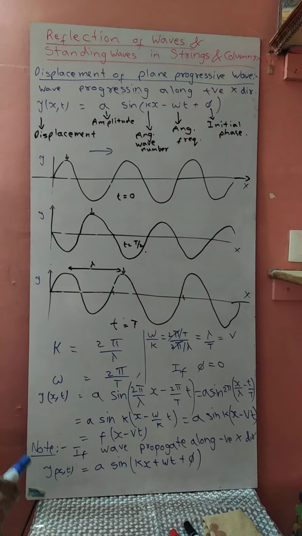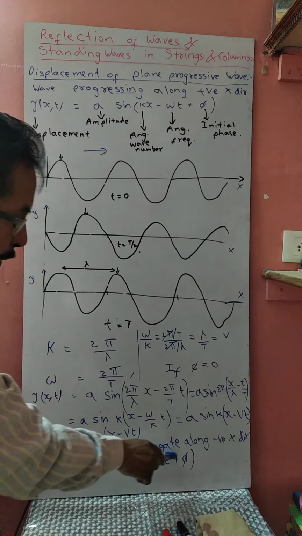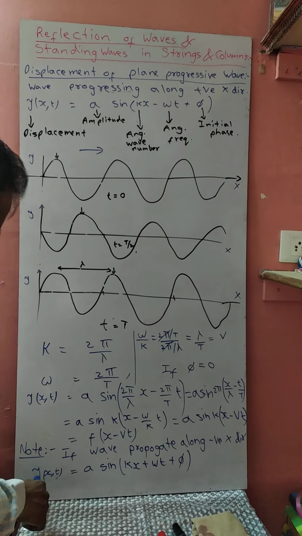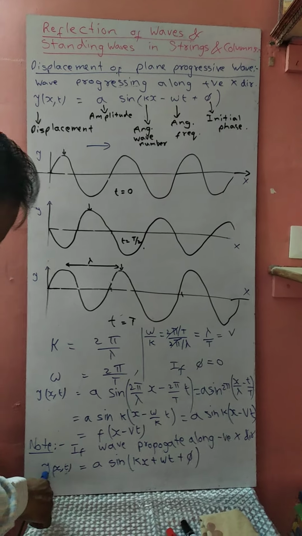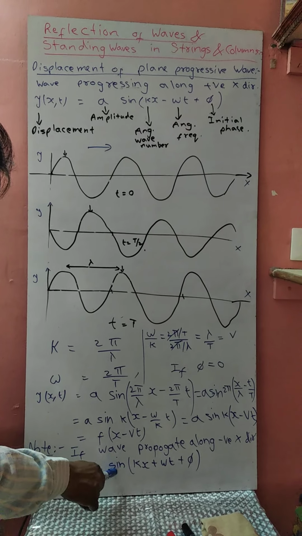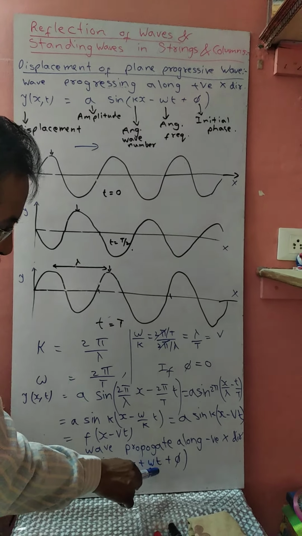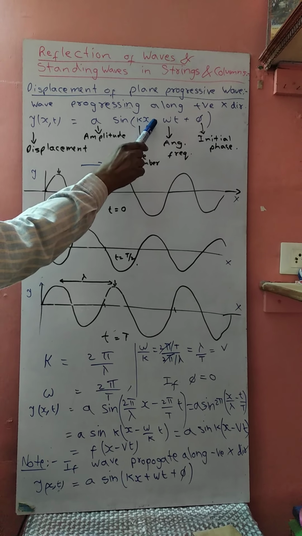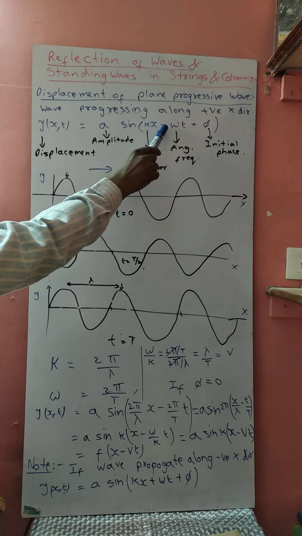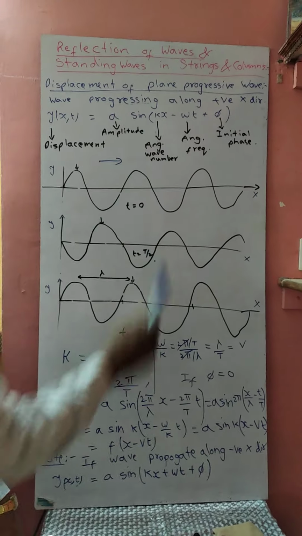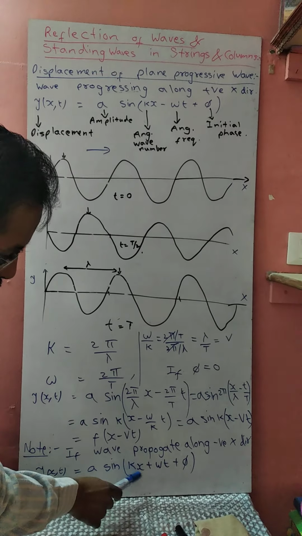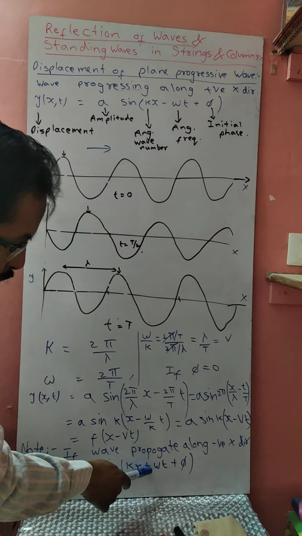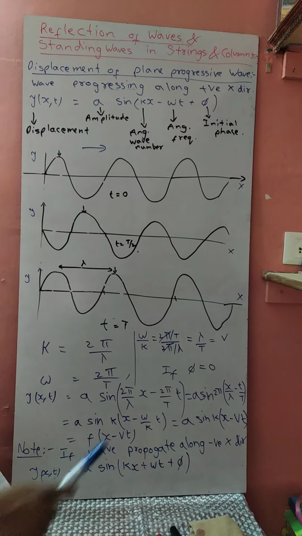But one thing you have to keep in mind, if the wave is propagating along negative x direction, then the displacement equation becomes y(x, t) equals A sin(kx plus omega t plus phi). So for the positive x direction, out of these two terms one will be negative, and if it is propagating along negative x direction, both will be positive, kx plus omega t.